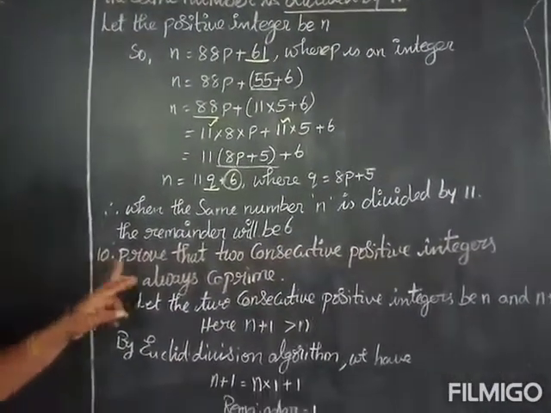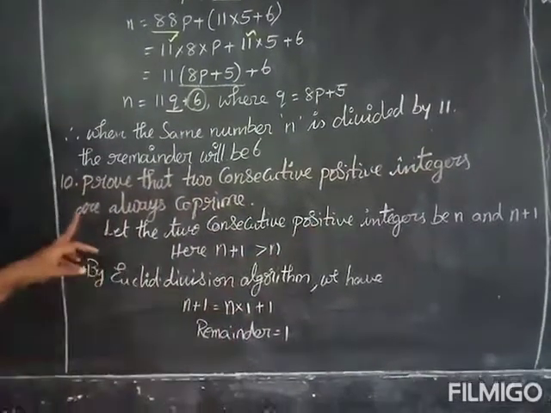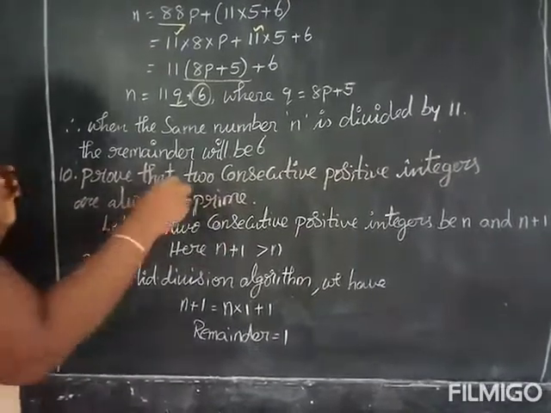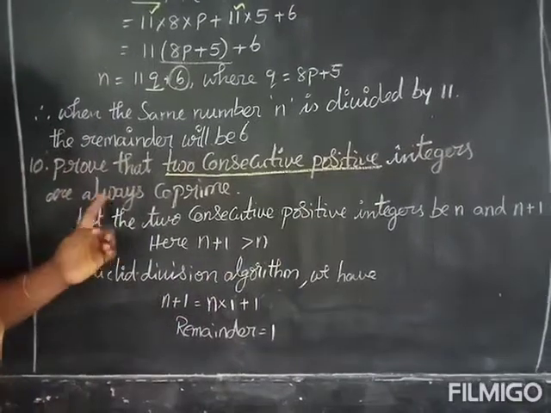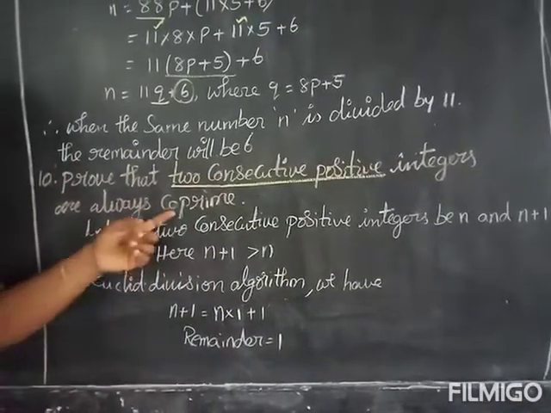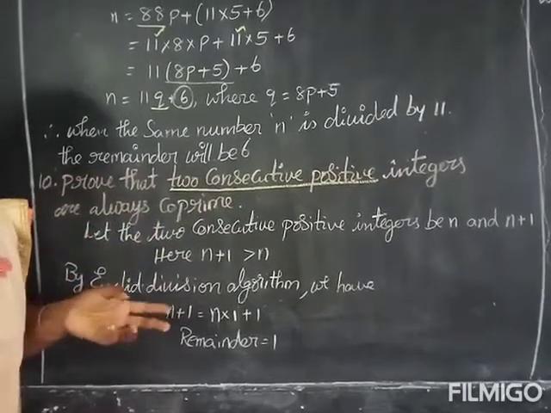Next, 10th one. Prove that two consecutive positive integers are always co-prime. Co-prime means the HCF of two co-prime numbers is 1.